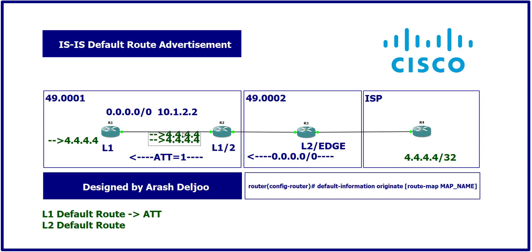For example, quad 4 traffic can be forwarded to router 3, and router 3 can use its static default route or its BGP for forwarding traffic to the ISP.